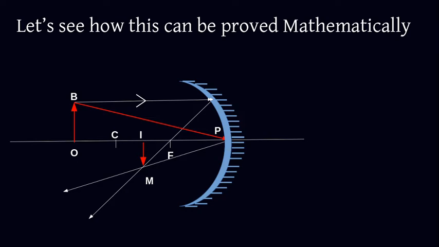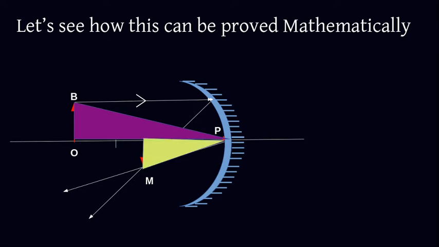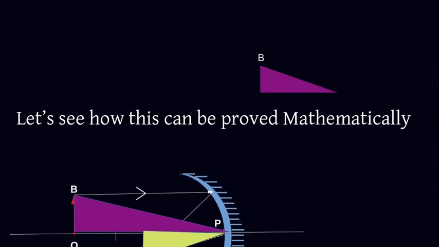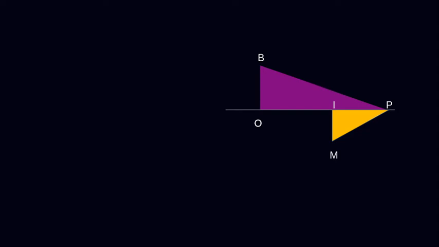Okay. Now see, we have seen that there are two similar triangles, that is OBP and IMP. Let us see, these are the similar triangles, and also you have learned that the corresponding parts are proportional. Once again see, what is OB?